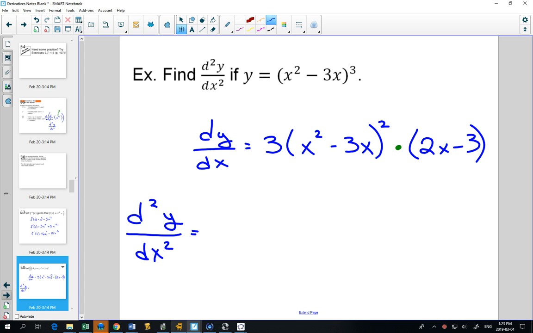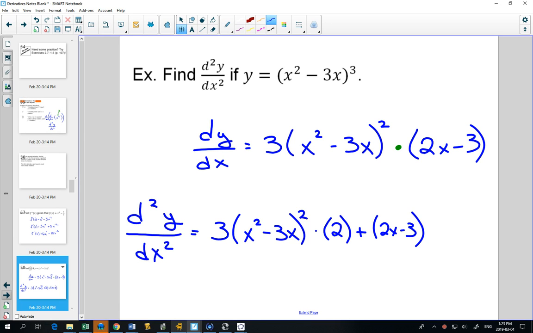And so the product rule says keep one the same. So I'll keep this one the same. Multiply by the derivative of the second one. Plus, keep the second one the same. Multiply by the derivative of the first one.